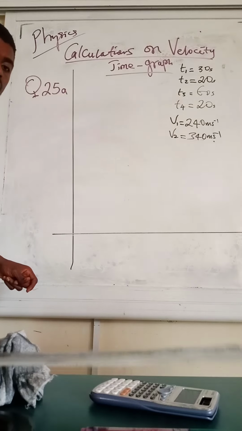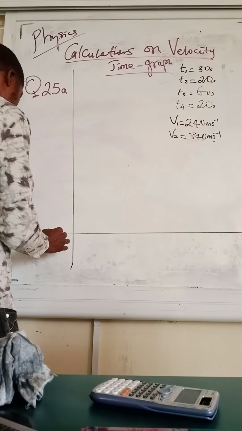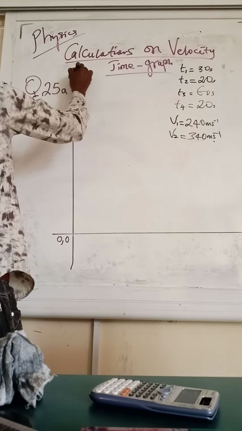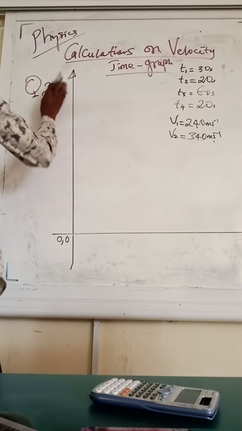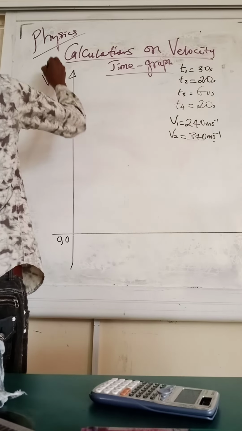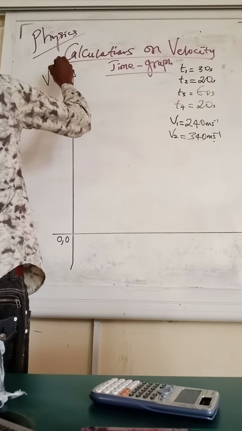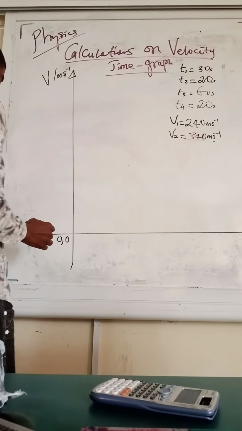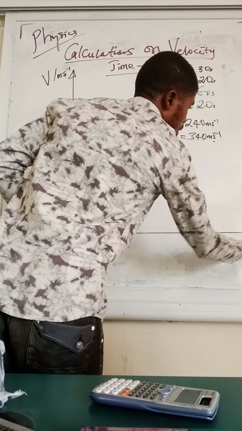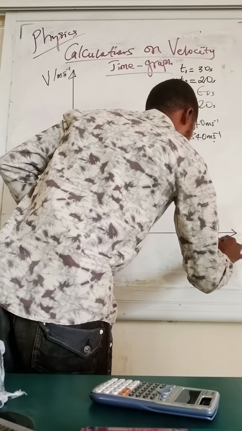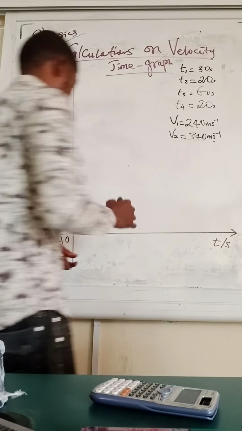We write 0, 0 here. Up here is velocity in meters per second, and here is time in seconds.